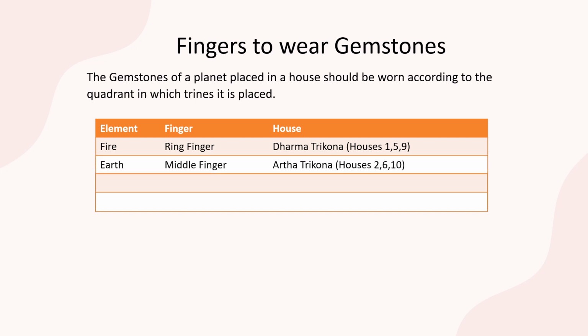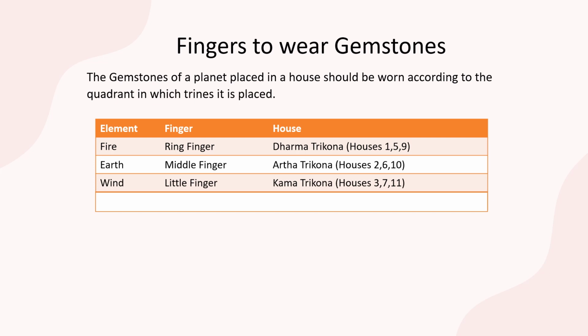Now, the middle finger represents the earth element, and the houses it represents are the earth trikon, that is second house, sixth house, and 10th house. So gemstones related to the lord of the second, sixth, and 10th house you will wear on the middle finger.